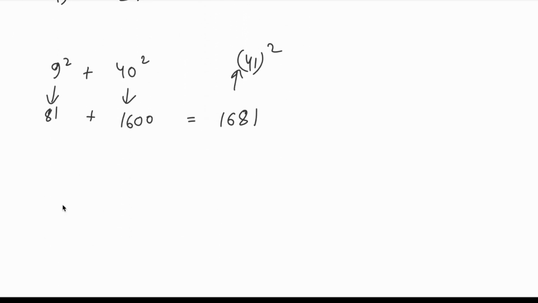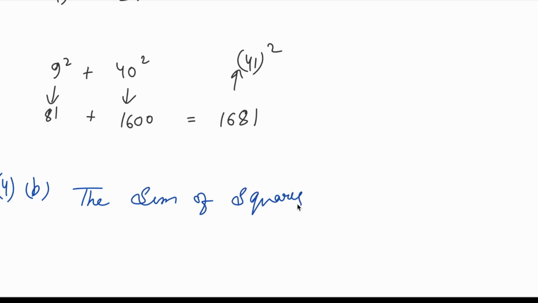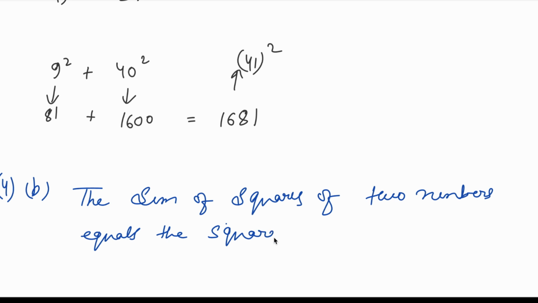What we can write for the conclusion for B: the sum of squares of two numbers equals the square of another number.